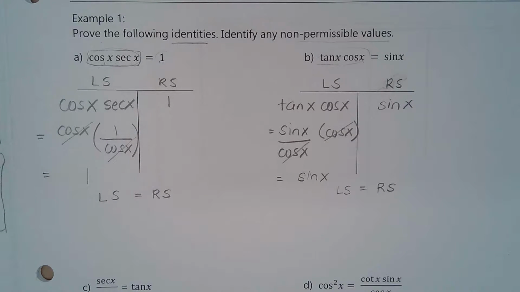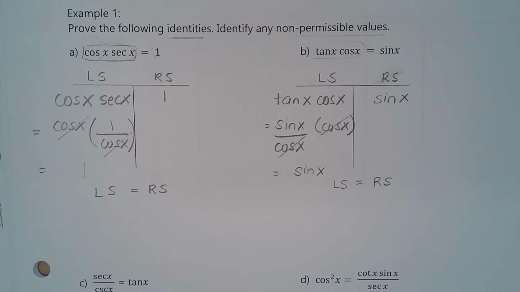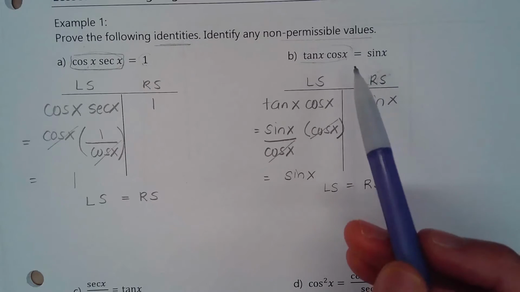Because it says to identify the non-permissible value, I just realized I forgot to identify the non-permissible value. So let's take a look at this one. What's the non-permissible value here?